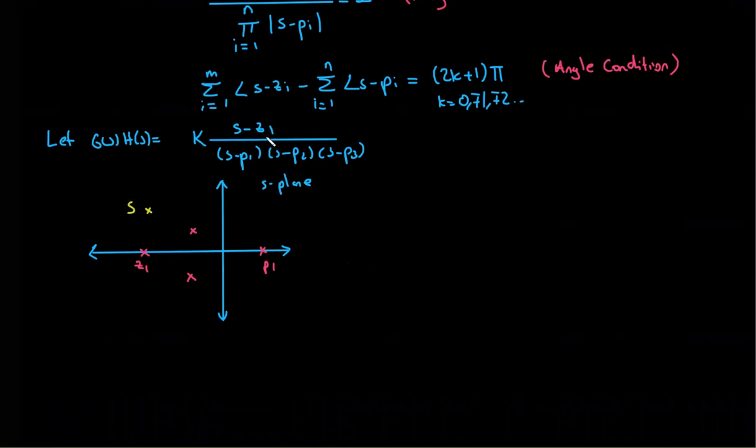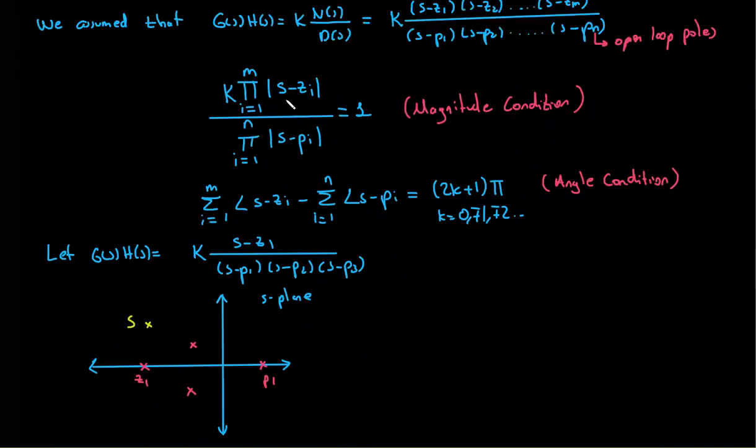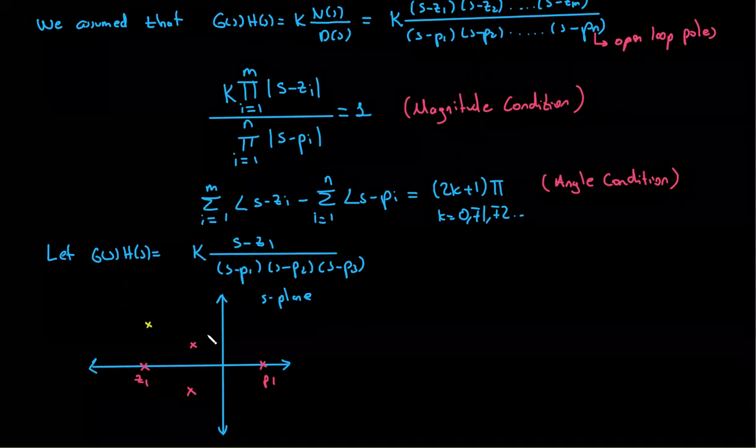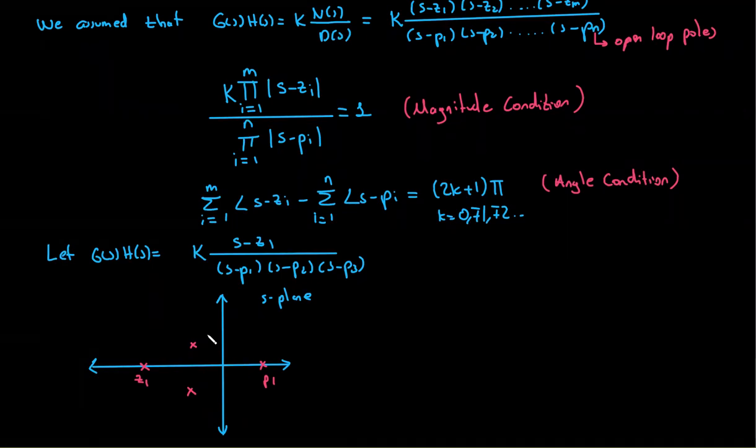What I would like to do is find the magnitude of the s minus z1 vector and divide it by the multiplication of the magnitude of the s minus p1 vector, the magnitude of the s minus p2 vector, etc. So what are these s minus z1 vectors? Like this. The tip of this line is our test point s.